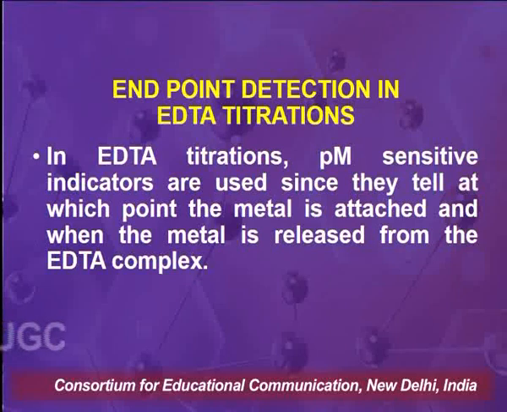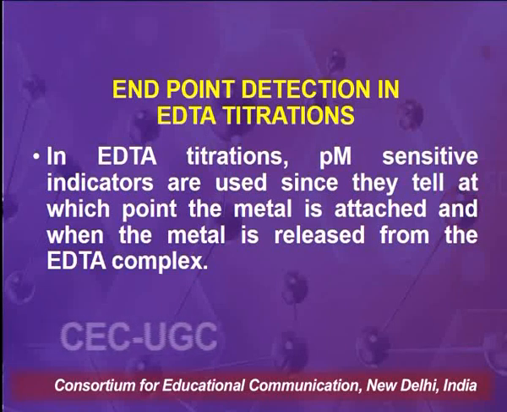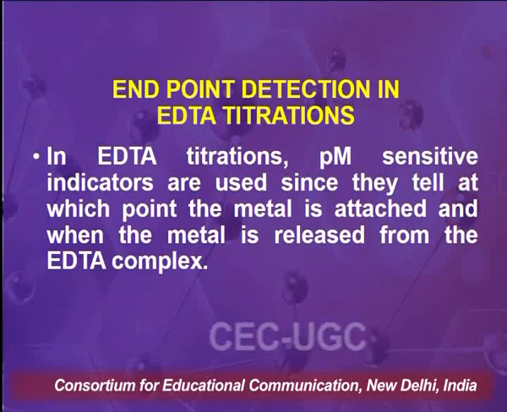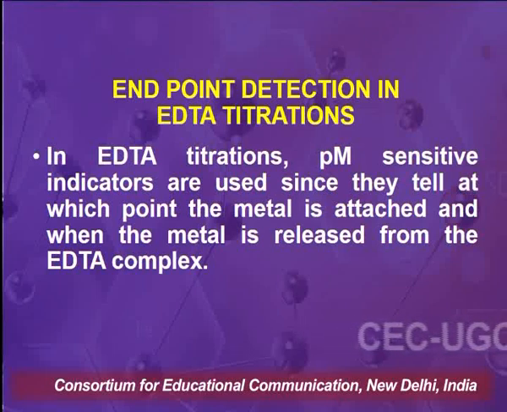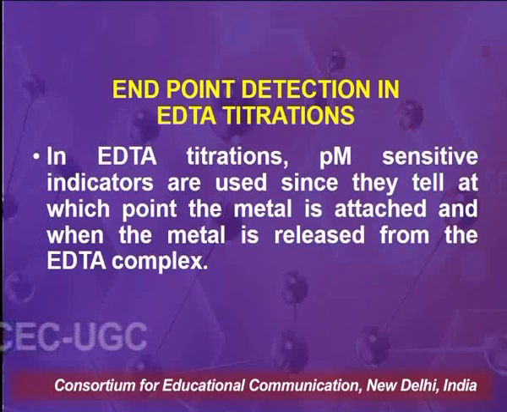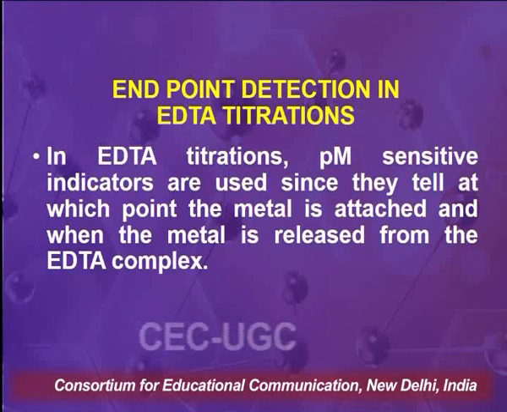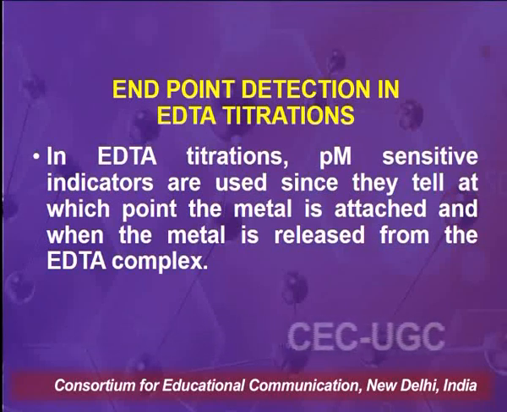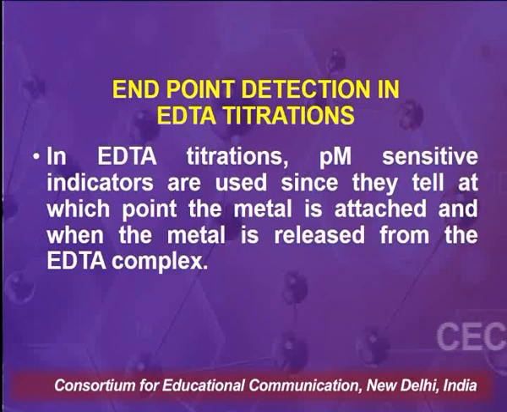In EDTA titrations, pM sensitive indicators are used since they tell at which point the metal is attached and when the metal is released from the EDTA complex. pM indicates the metal, the p of the metal.